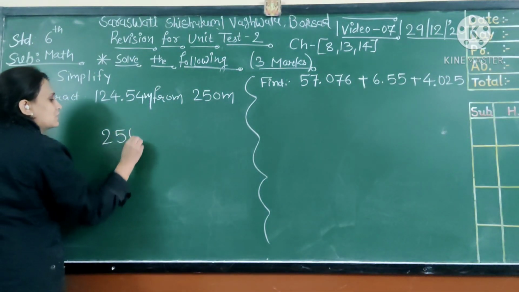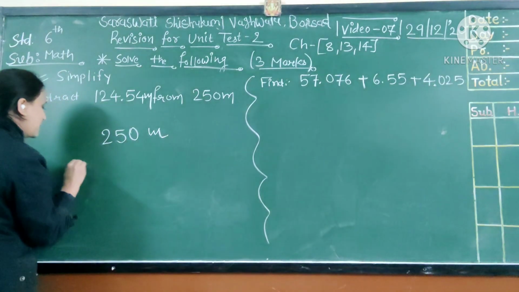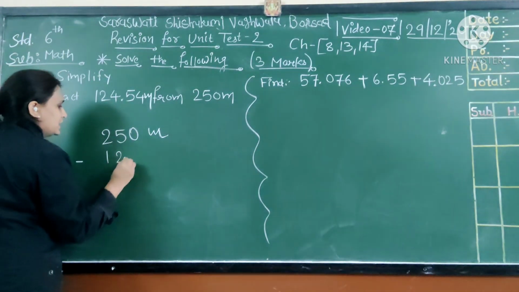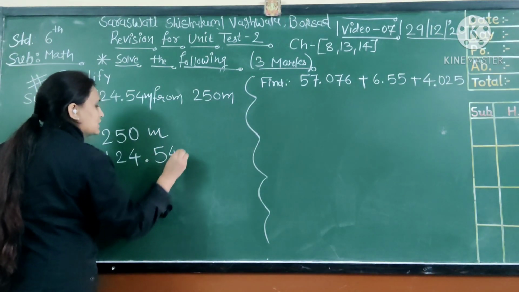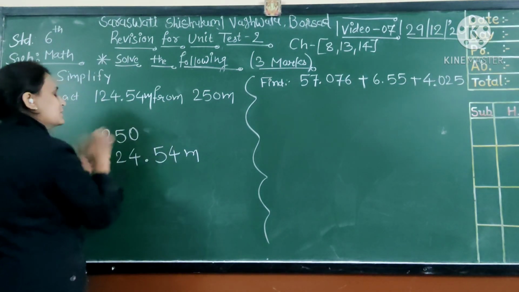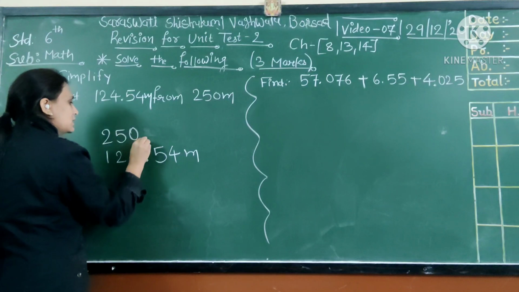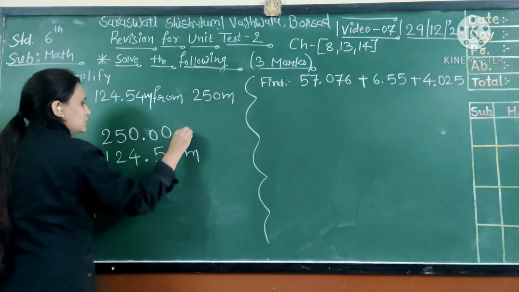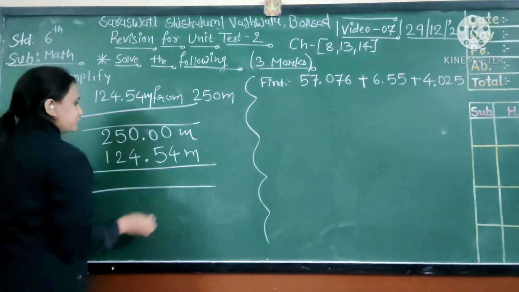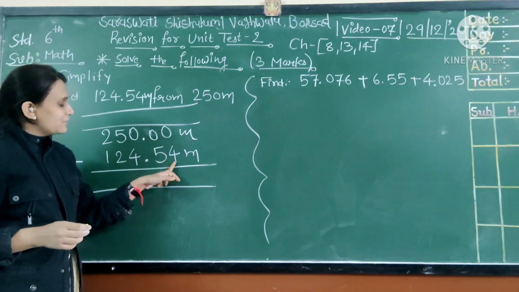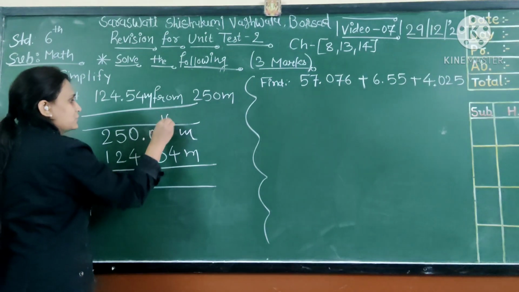So first is 250 meters minus 124.54 meter. In the first number we haven't been given a decimal, so we have to take decimal. So 0 meter. Now let us start the subtraction here. Okay, we cannot subtract 4 from 0, so we have to take borrow.